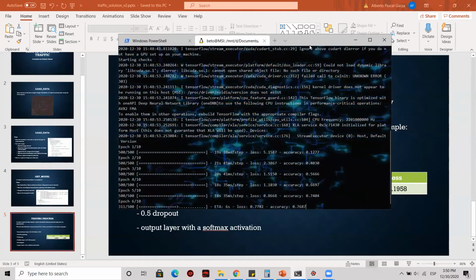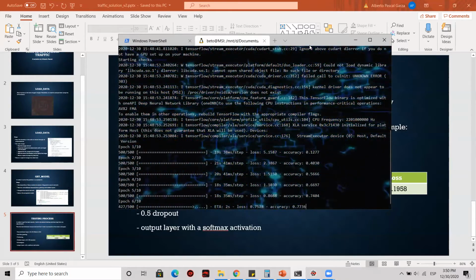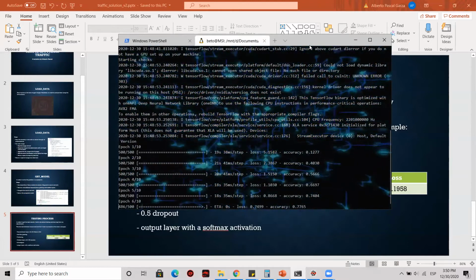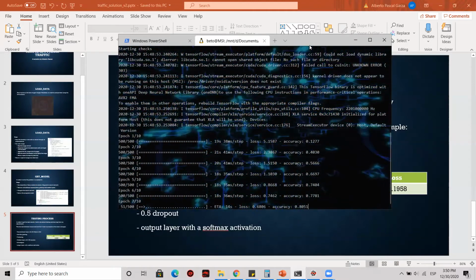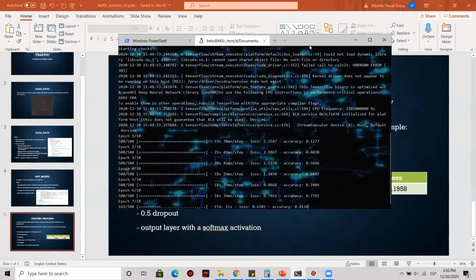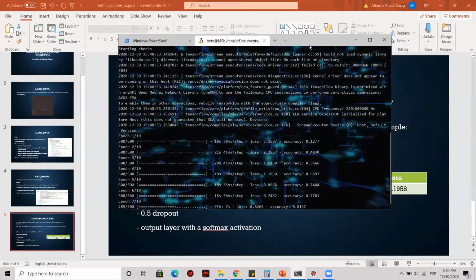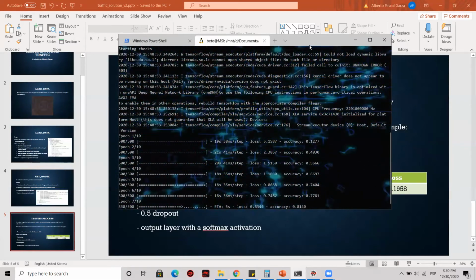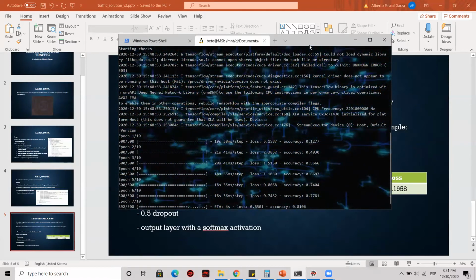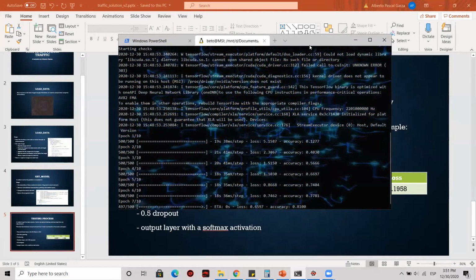As you can see right now, my model is having pretty big jumps in accuracy. In only the sixth epoch, we're already at 77% accuracy. What I noticed most of the time is that my code usually ends up around 93 to 96, 97% accuracy, which I think is pretty nice.